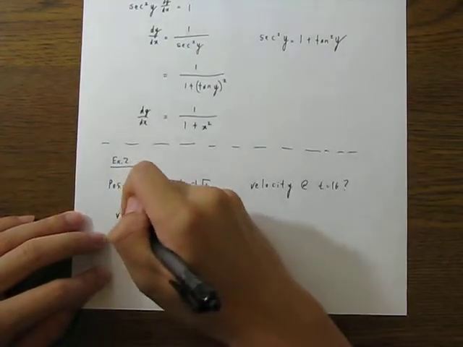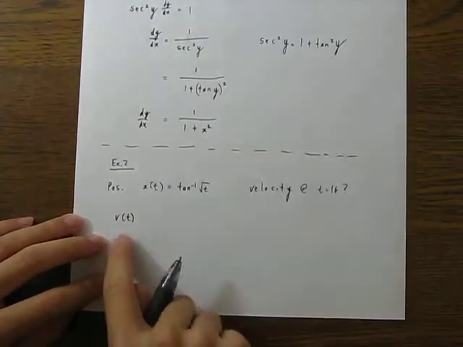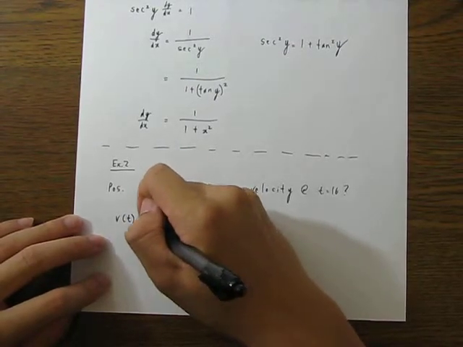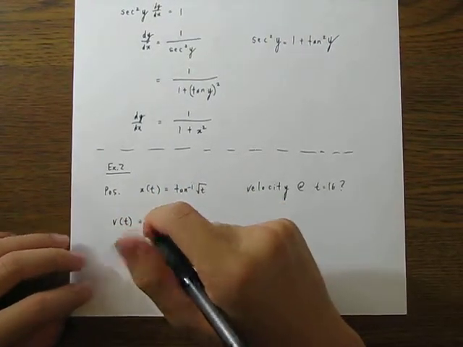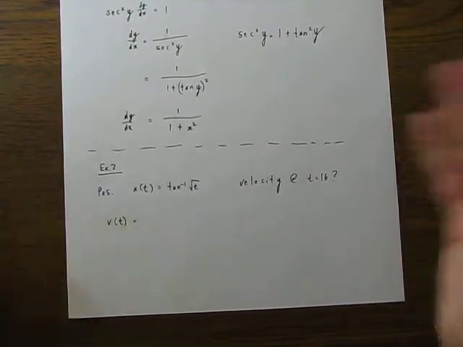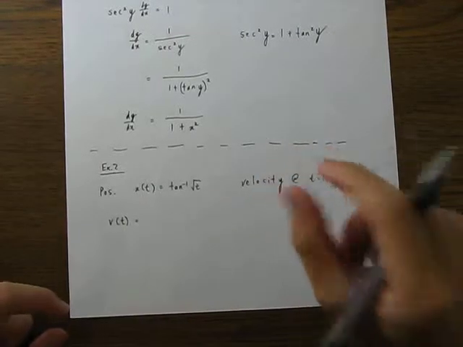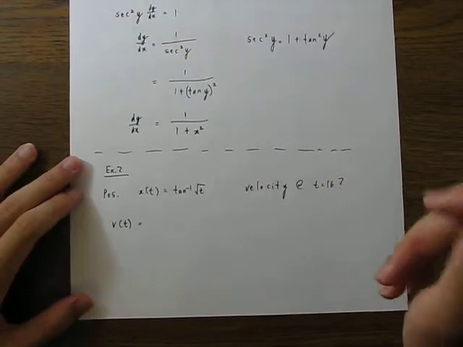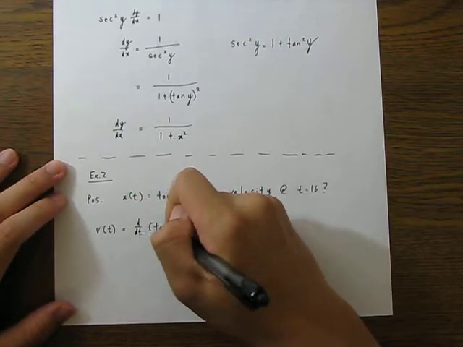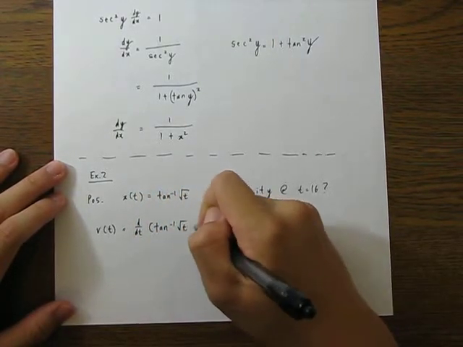I think I've mentioned this earlier, but velocity is the first derivative of position, because velocity is speed, and that's change of position per unit of time. So there's an extra per time there, so you're going to have to change position to speed. What you're going to do is derive tangent inverse of root t.